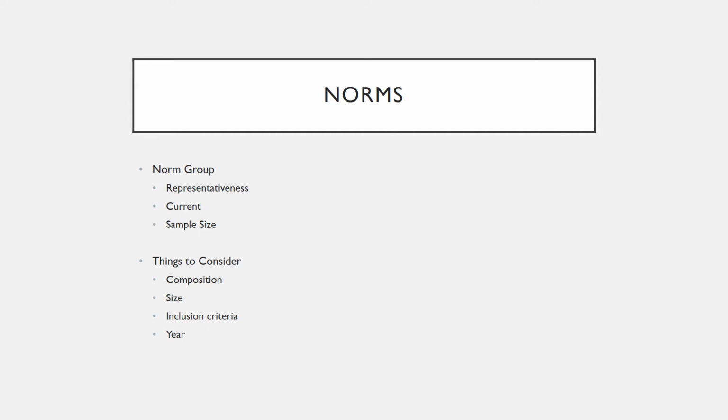What it means is that when this assessment or test was being developed, there was a group of individuals who took it initially, and then their scores were used to develop the scoring and interpretation criterion that are used for future clients who are going to take this. So this norming group was probably a while ago.